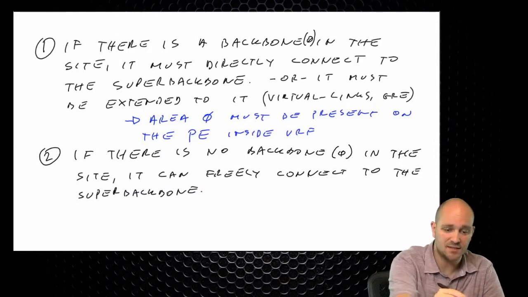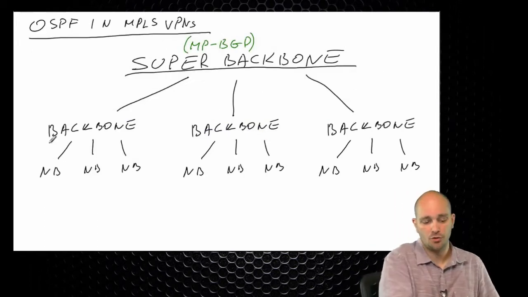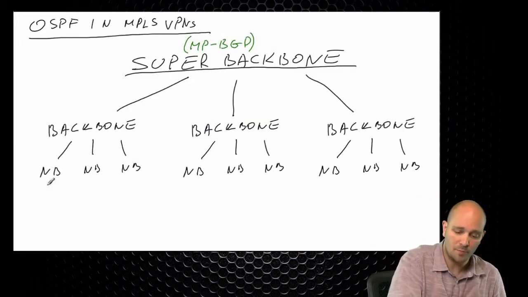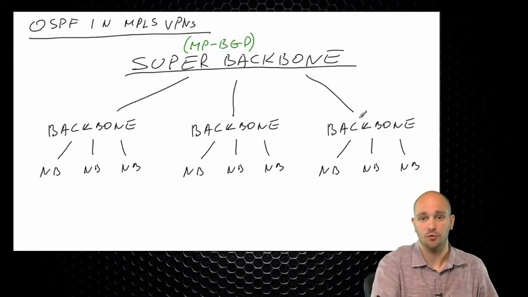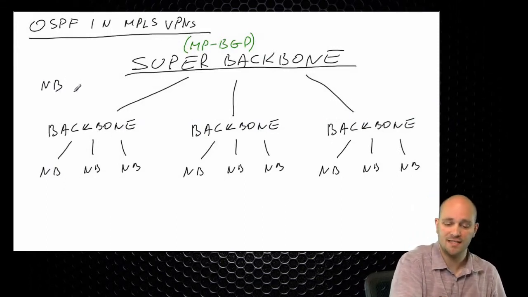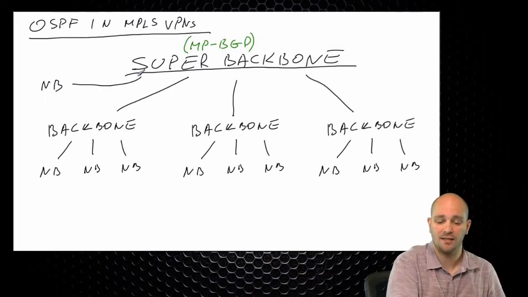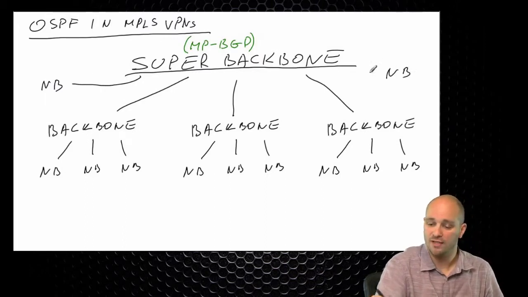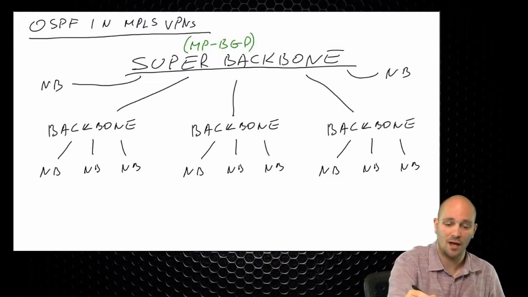Now, inside the site, the rules still apply. Non-backbone areas must connect directly to the backbone. But we can also have another site that doesn't have area 0, and in that case, it's okay for this non-backbone site to actually connect directly to the super backbone.